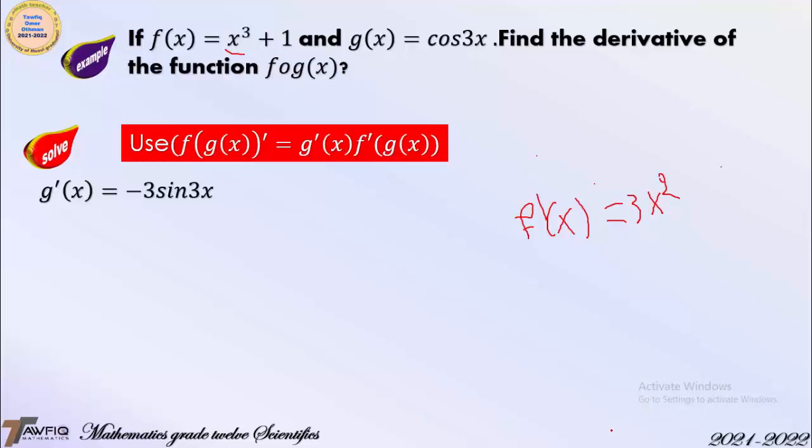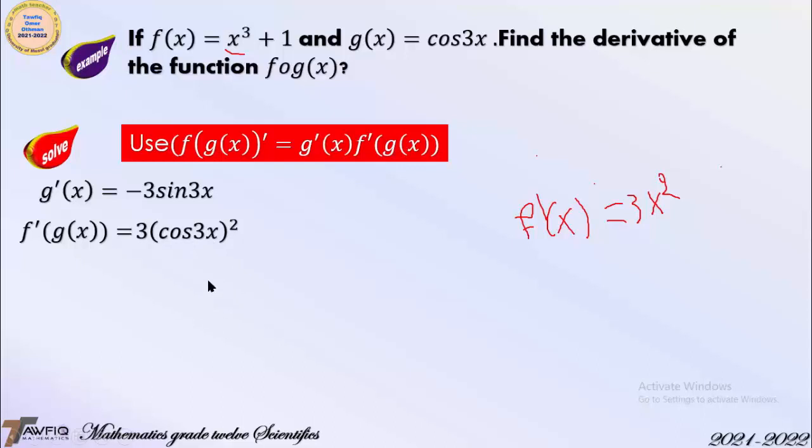Then the derivative of f(x) is 3x squared. And now to find f'(g(x)), replace x with g(x), which becomes f'(g(x)) equals 3 times cosine 3x, squared.